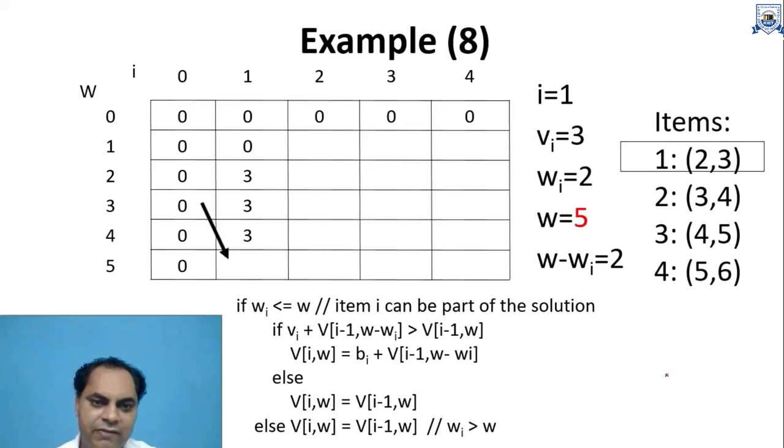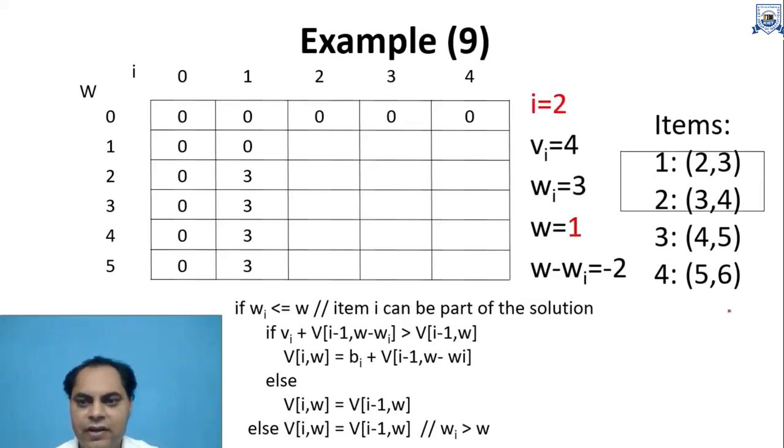Now let's say you are considering 2 items, item number 1 and item number 2, and the current capacity of the knapsack is 1. That means none of the items can be accommodated, so the value remains 0. Now if we increase the capacity to 2, then we can accommodate the first item, and in that case the value would be 3.